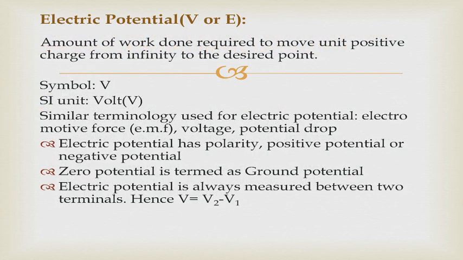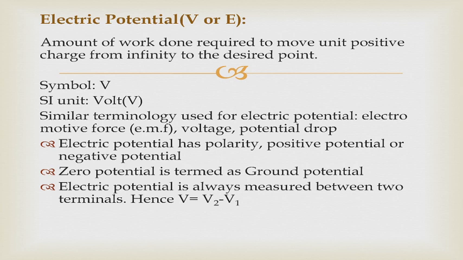The first component which we are going to discuss is electric potential. Electric potential is the same as mechanical work done. In electronics, electric potential is defined as the amount of work done to move a unit positive charge from infinity to a particular point.